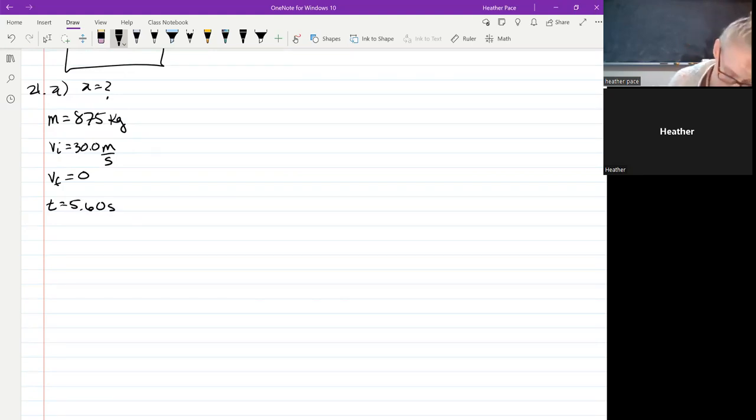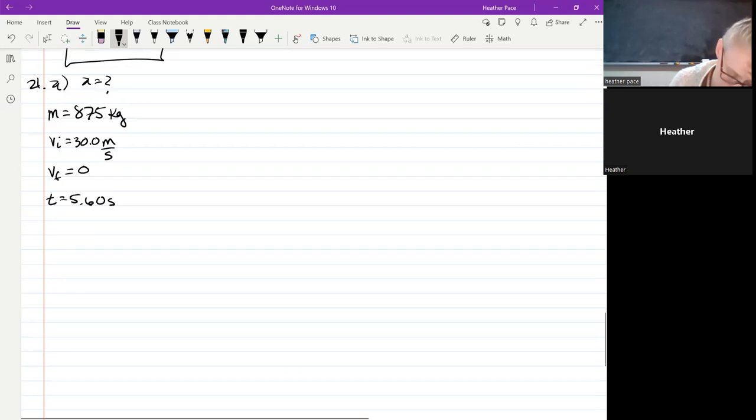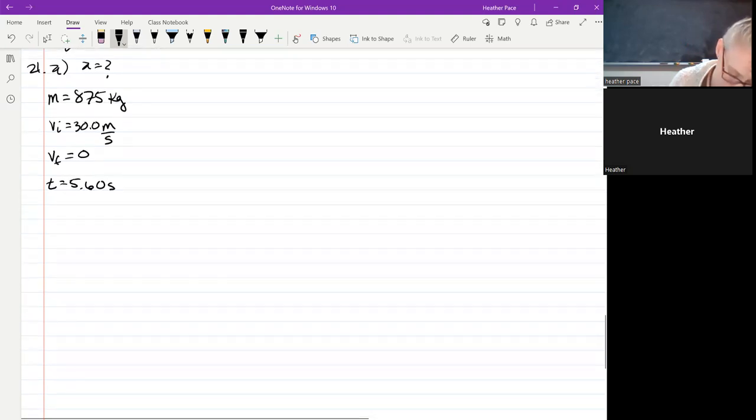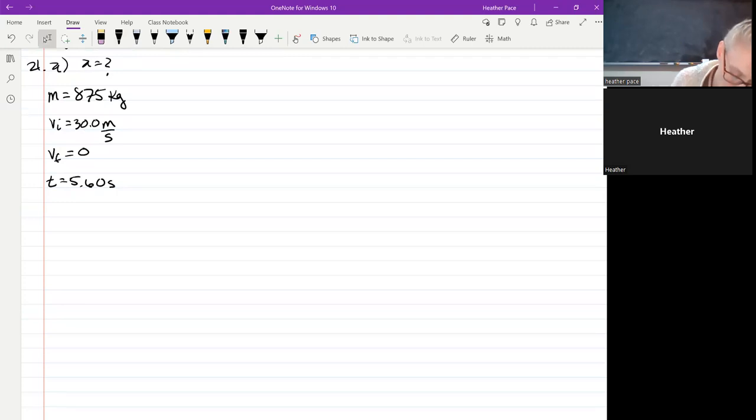And we're looking for acceleration. All right, so we're going to look at our kinematic equations and figure out which is the easiest one to solve. This is going to be our easiest one to solve because VF is 0.